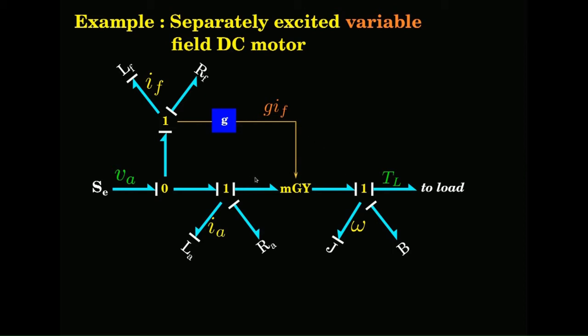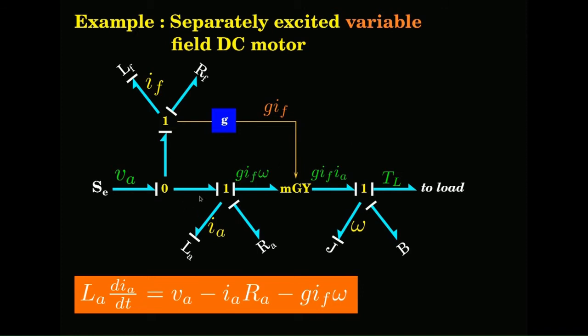So, now what is this effort and this effort? Still the same rules apply. This bond is having omega. So, what will it be here? GIF omega, okay. This bond will be having a flow IA, and here it will be GIF IA, the effort of this on the mechanical side, the developed torque. So, GIF omega is the back EMF, GIF IA is the developed torque, then all else will be same.